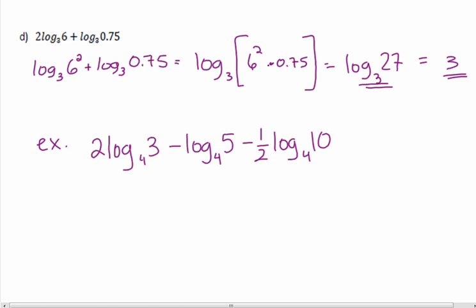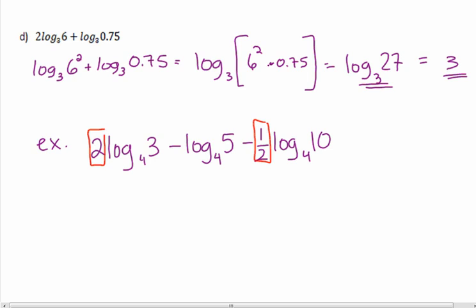Okay, how would I approach this? This is like a quiz question tomorrow. What would I have to do first? You have to get to the 2, and not so much the negative, but the 1/2.